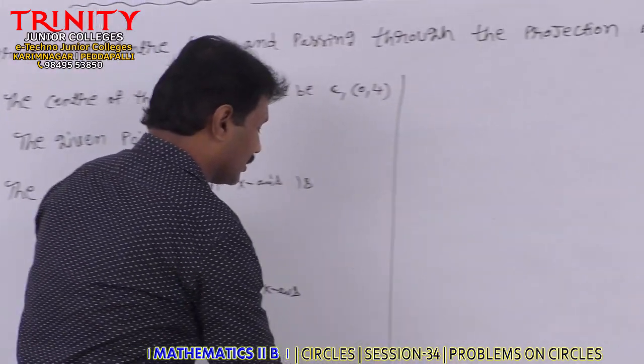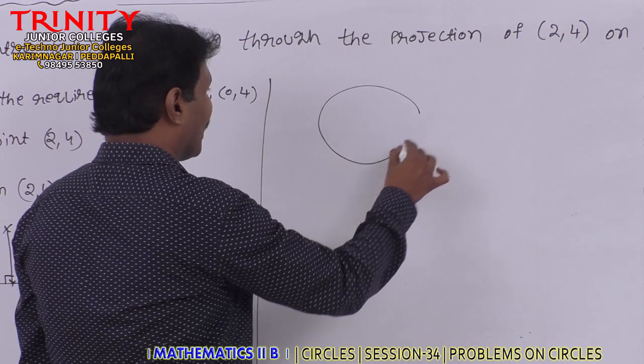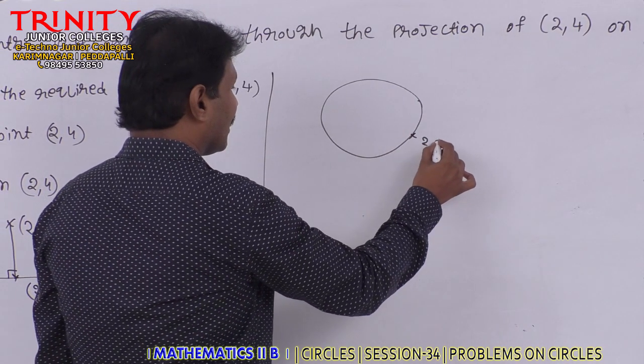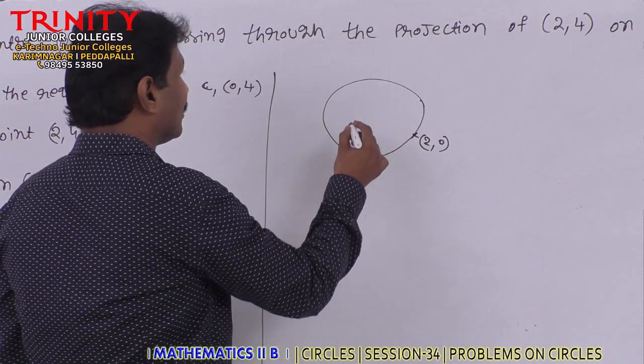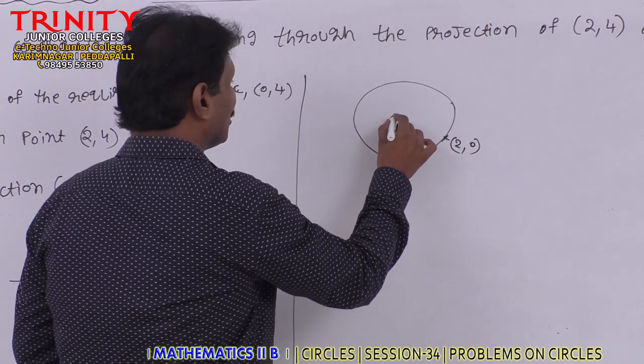Therefore, the circle passes through (2, 0) and has its center at (0, 4).